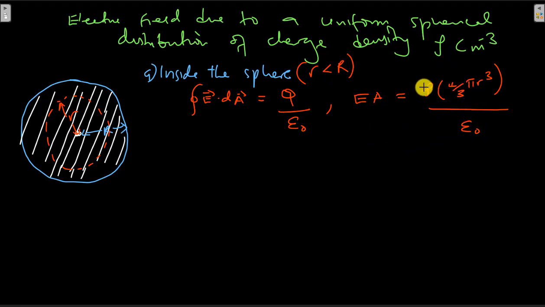So the volume charge density times the volume gives us the total charge enclosed by this Gaussian surface.